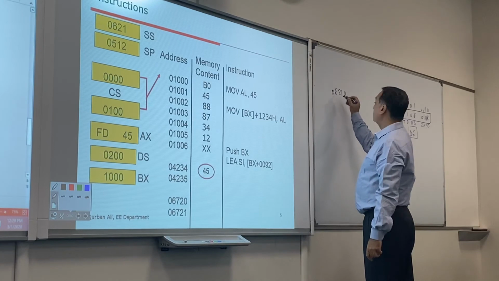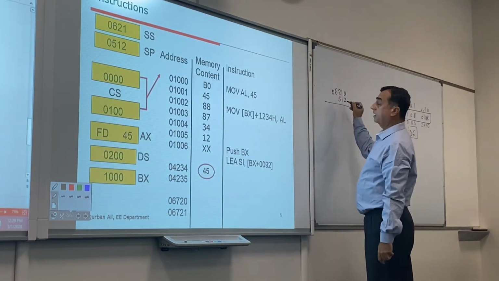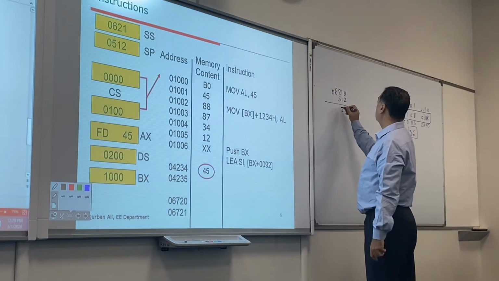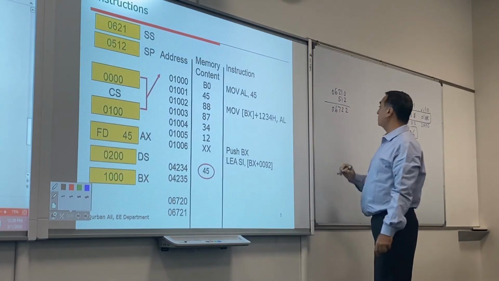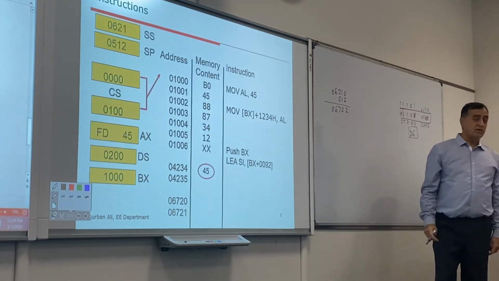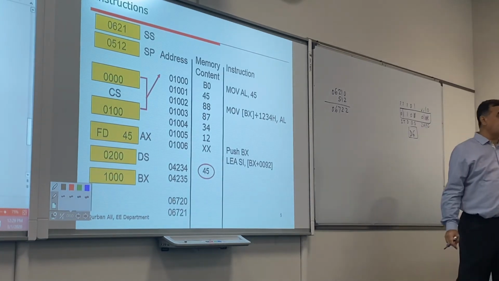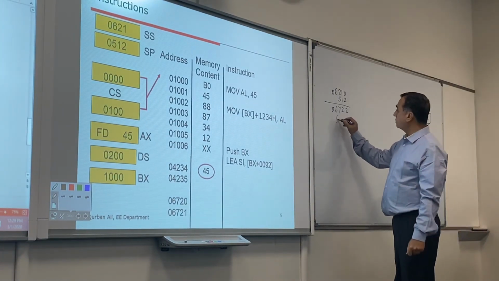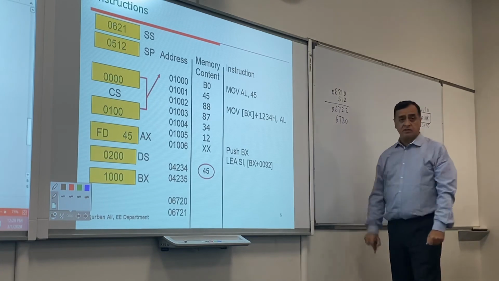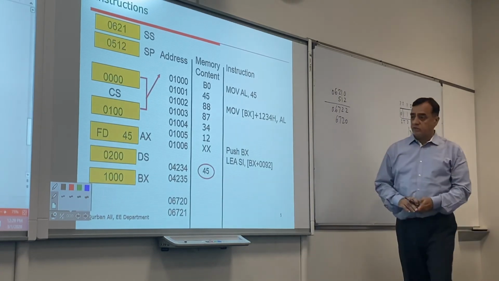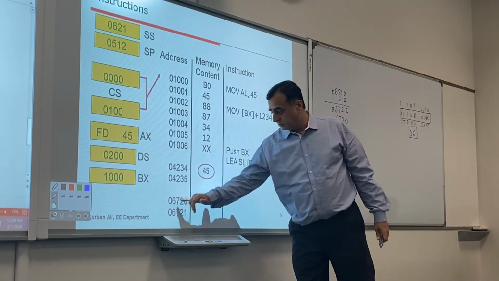06210 plus 512 gives 06722. Since it is push, which means decrement by 2, so this means we will go to 20, right? 6720. Where is 6720? Over here.